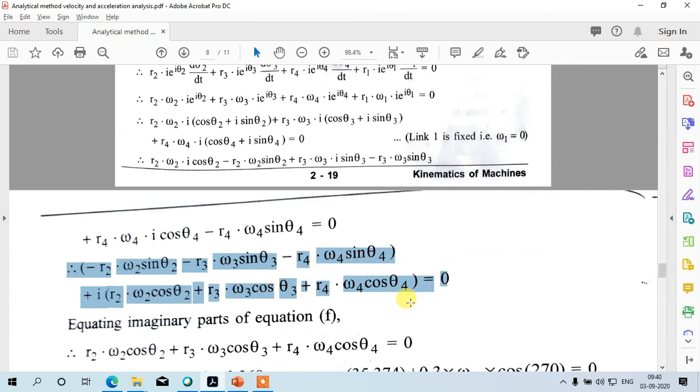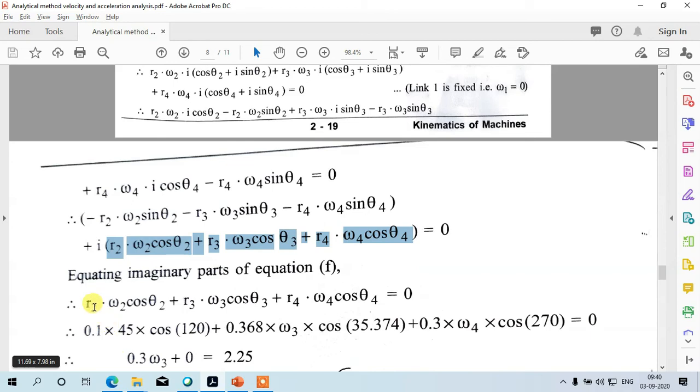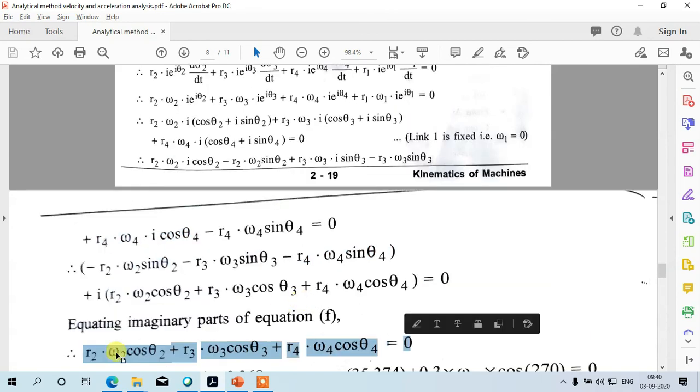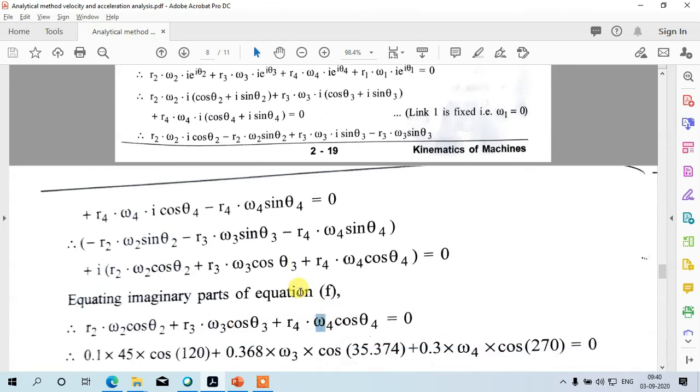Now equate the imaginary parts of this equation. So we get R2 omega 2 cos theta 2 plus R3 omega 3 cos theta 3 plus R4 omega 4 cos theta 4 is equal to 0. Now substitute the values. In this equation omega 2 is given to us, omega 3 is unknown, and omega 4 is also unknown. We know all the angles, so substitute the values.